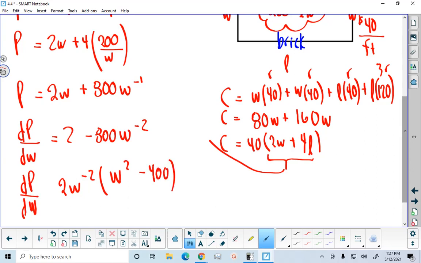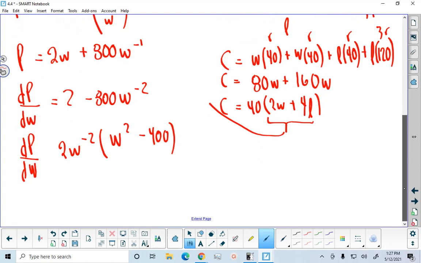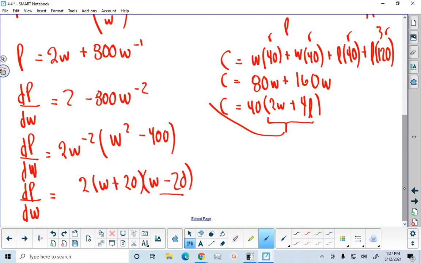That worked out nice. So dP dW equals 2 times W plus 20 times W minus 20 over W squared.